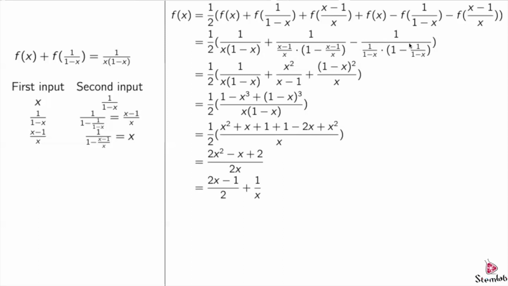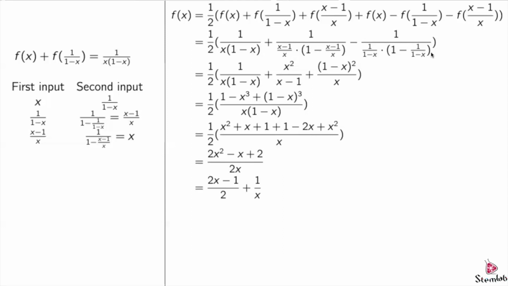And then subtracting the second pair of functions that we have. So by definition, that's now 1 all over 1 minus x times 1 minus 1 all over 1 minus x.